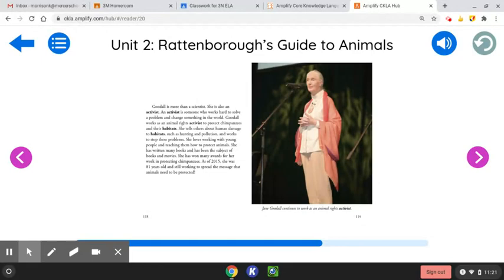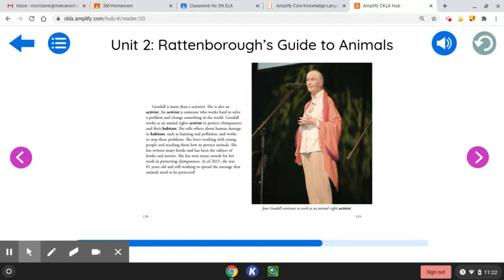She has written many books and has been the subject of books and movies. She has won many awards for her work in protecting chimpanzees. As of 2015, she was 81 years old and still working to spread the message that animals need to be protected. Under the picture, the caption says, "Jane Goodall continues to work as an animal rights activist."